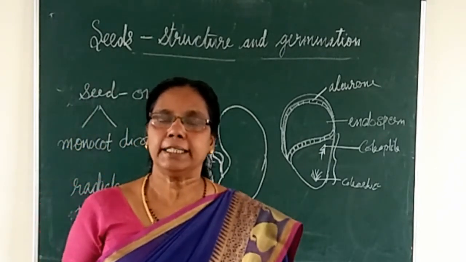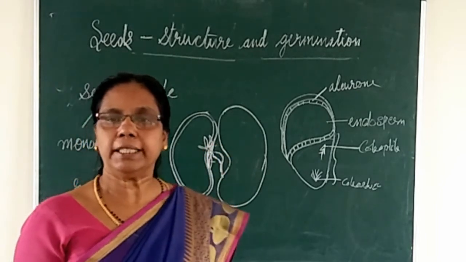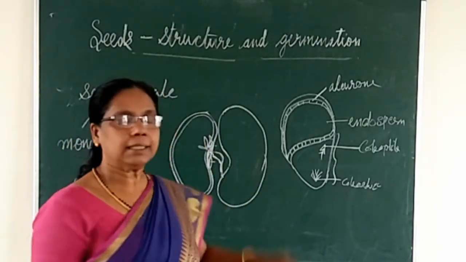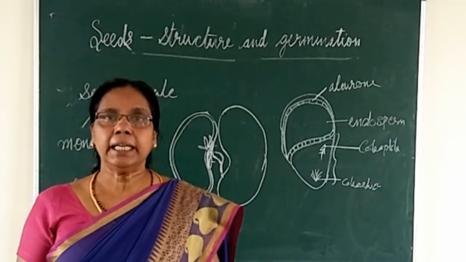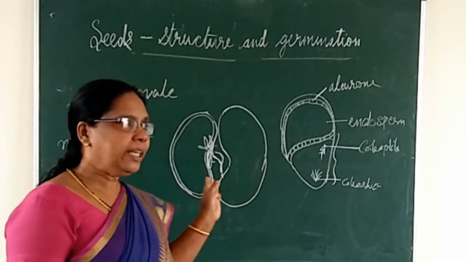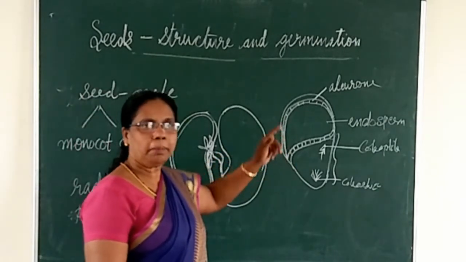Once we summarize, here we have taken the example bean seed as well as maize grain. In the case of beans, two cotyledons are present, whereas in the case of a maize grain only one cotyledon is present. And here no endosperm, I am first telling about bean, next about maize grain.